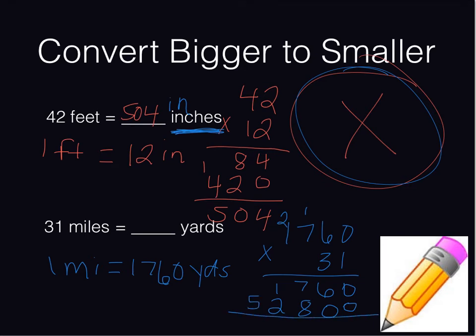I add all these together. I'm running out of room, so I'm going to write it over here. It's 0, 6, 7 plus 8 is 16, 2, 3, 4, and 5. So 31 miles is 54,660 yards.